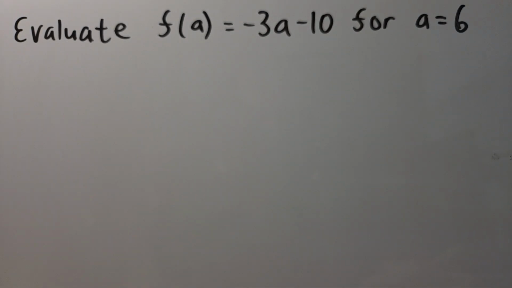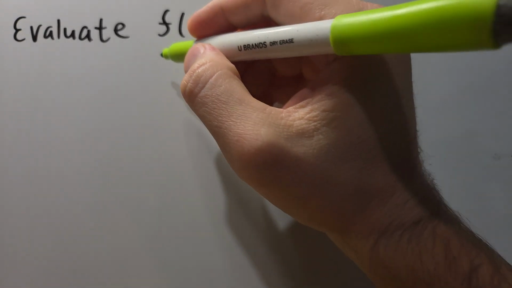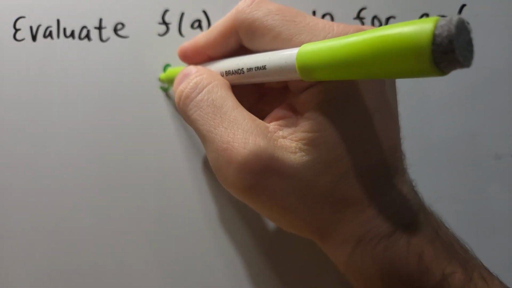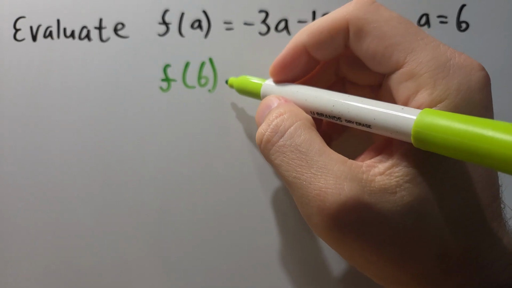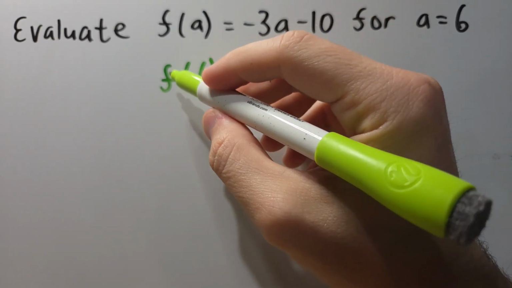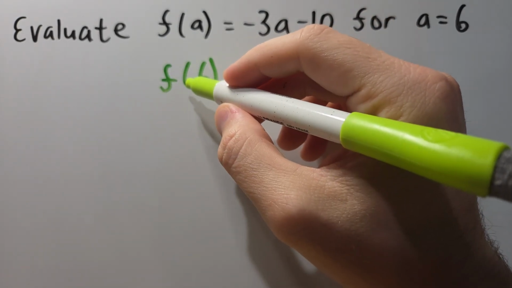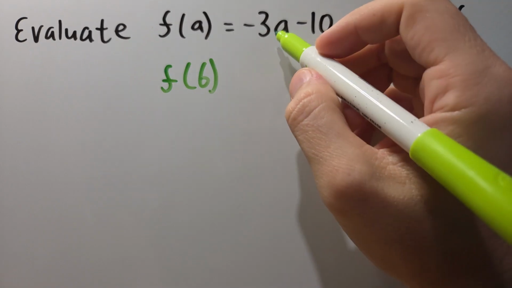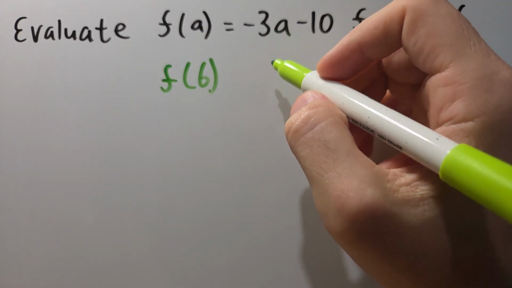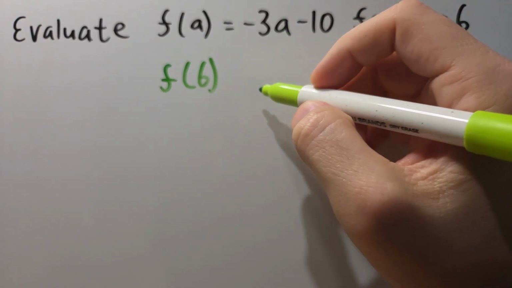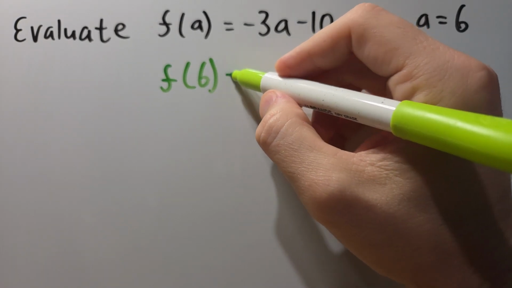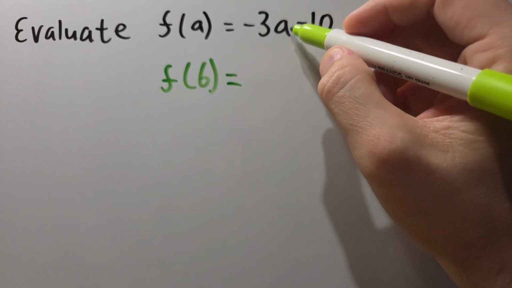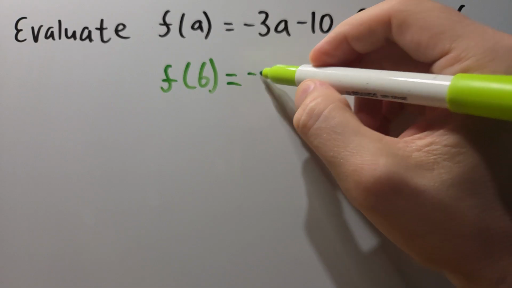So you can think of the notation f of 6 as replace a with 6 to find the value of f of 6. Here I've started the evaluation process. So now I'm going to replace a with 6.